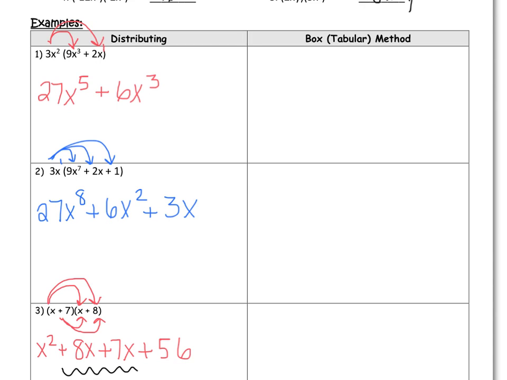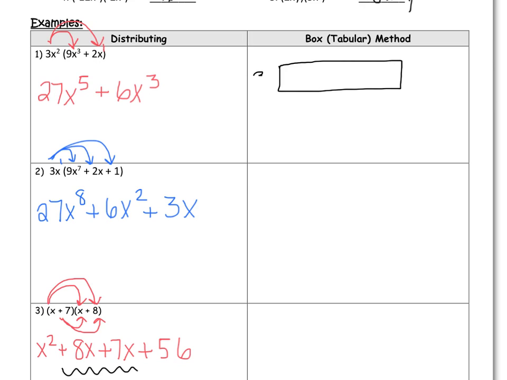So what we're going to do is represent this product, 3x squared times 9x to the third plus 2x, as a rectangle. So we're going to draw a rectangle.